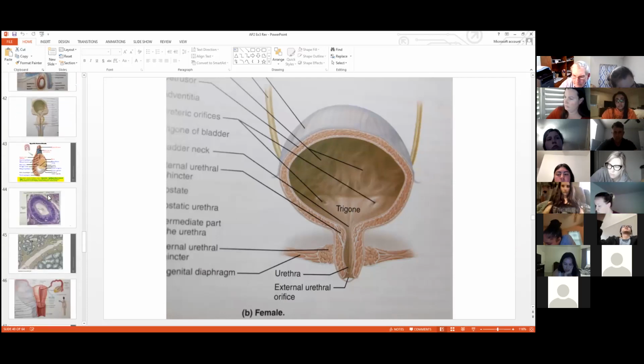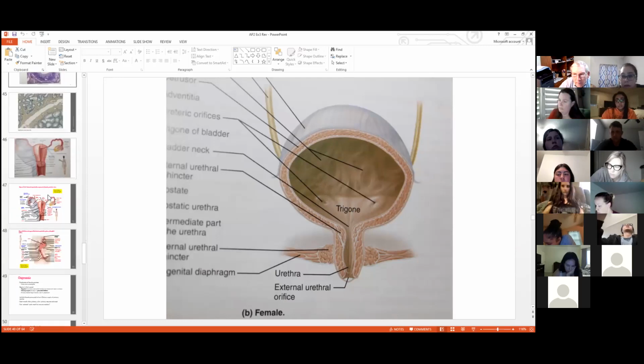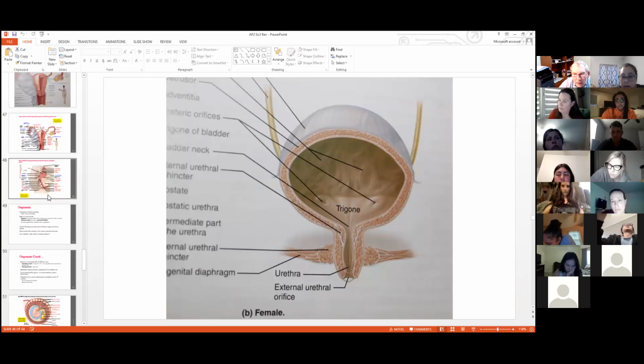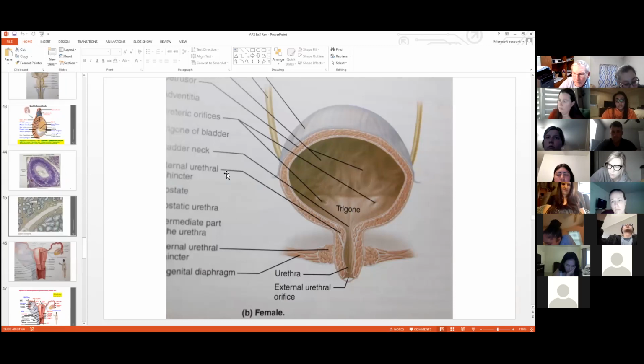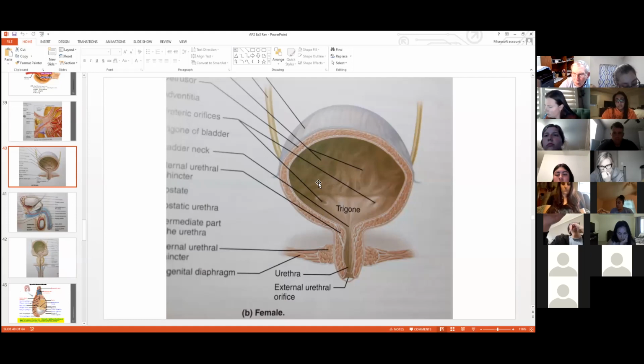Go ahead, Salima. After the urethra, it was the bladder? No, wait a minute. The urethra is emptying the bladder. The ureter, U-R-E-T-E-R, is the tube going to the bladder. So it's ureter, bladder, then urethra.